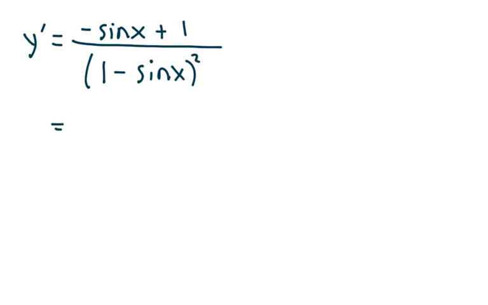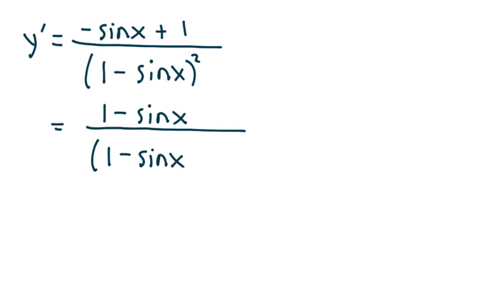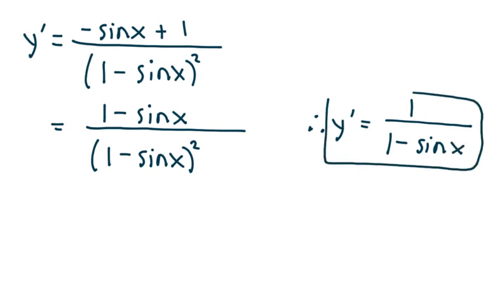But if we look at this straight, I'm going to get 1 minus sine x divided by 1 minus sine x squared. And so therefore, y prime is 1 over 1 minus sine x. And that's how you would do that problem.